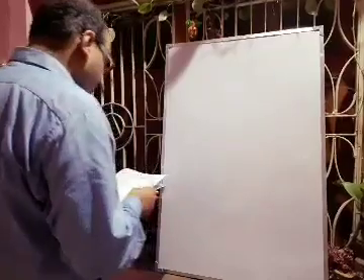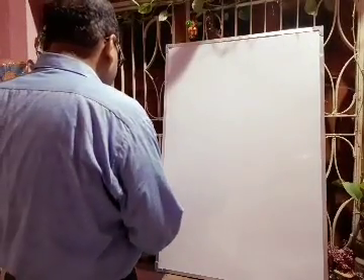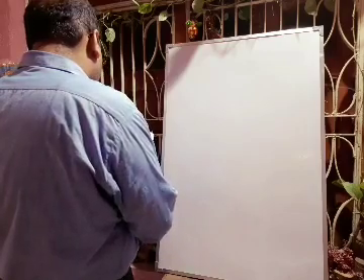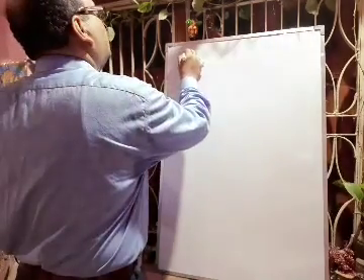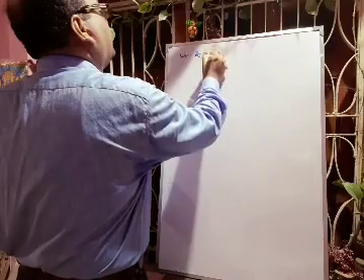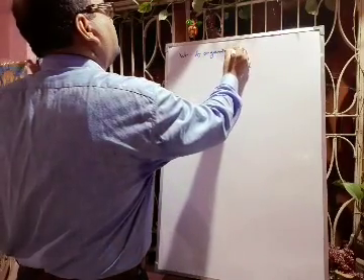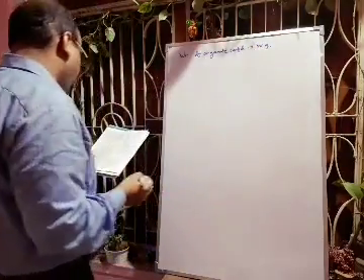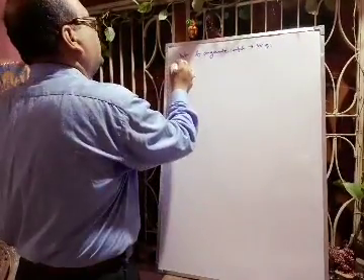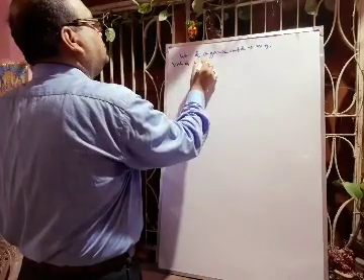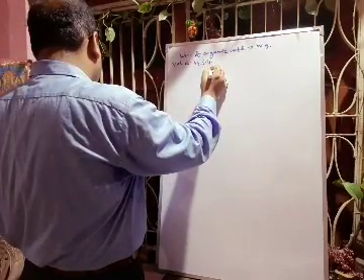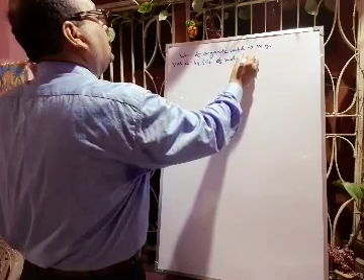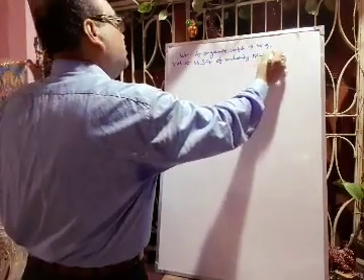So the calculation I am showing you. Suppose you take the weight of the organic compound, that will be W gram. Then volume of H2SO4 of molarity M, that will be V mL.